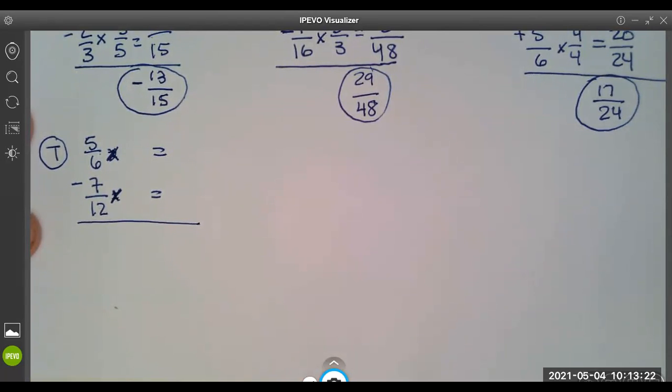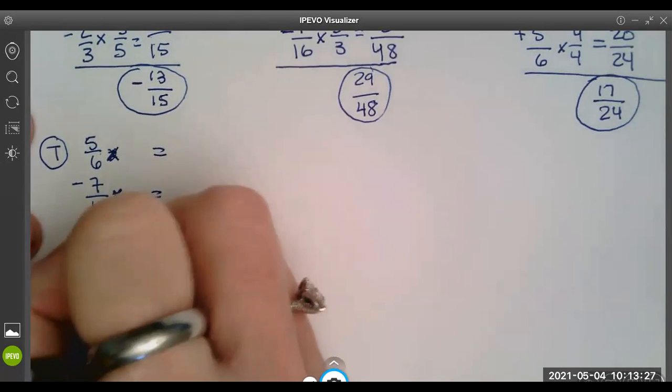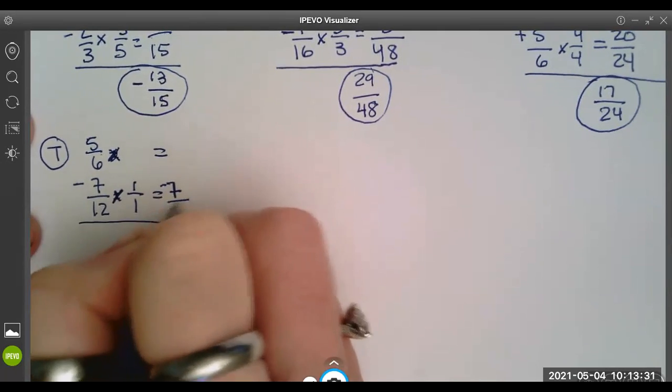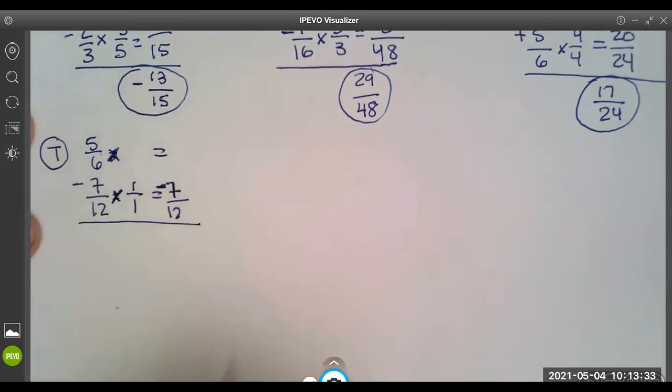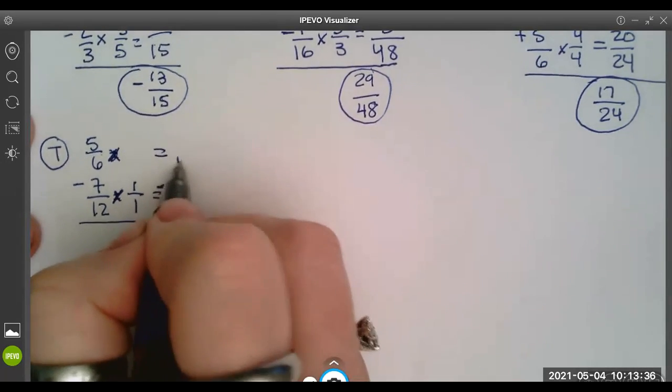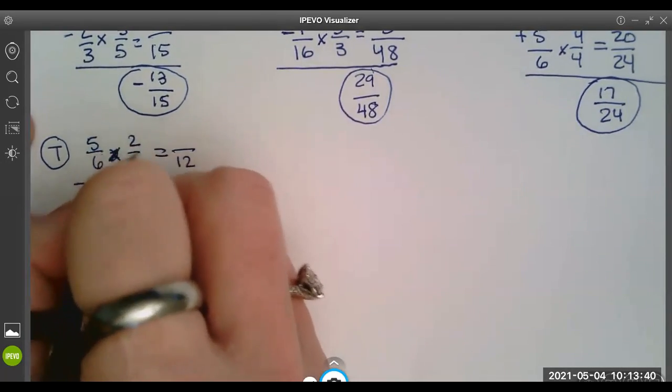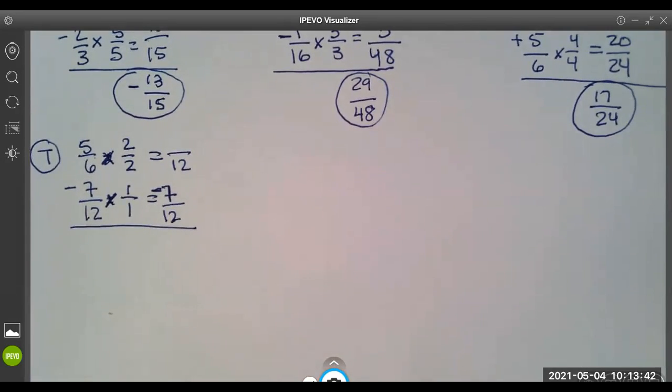Does 6 divide evenly into 12? Yes. So 12 is our target. It doesn't change. What do we need to multiply to reach that target? 2/2. So what's the new top fraction going to say?